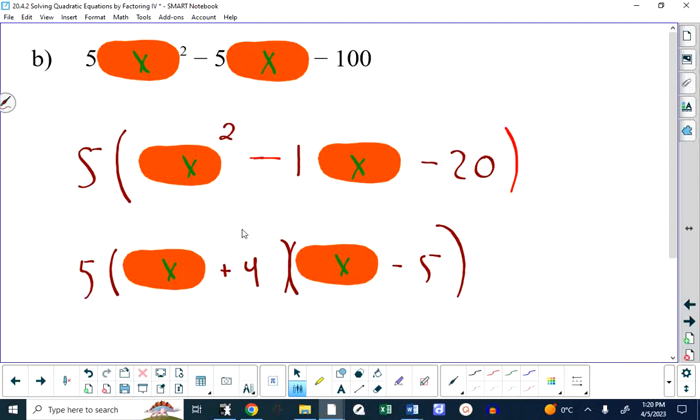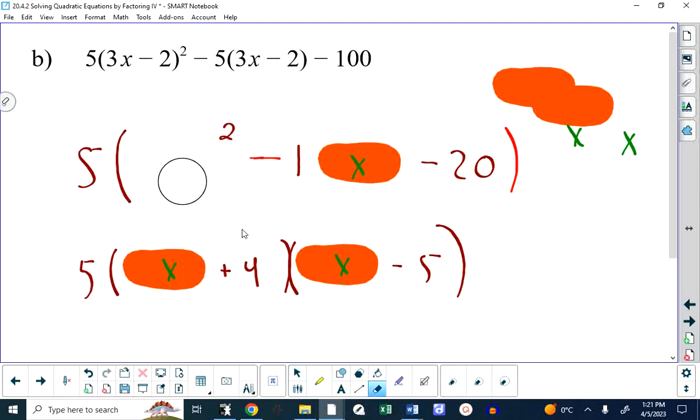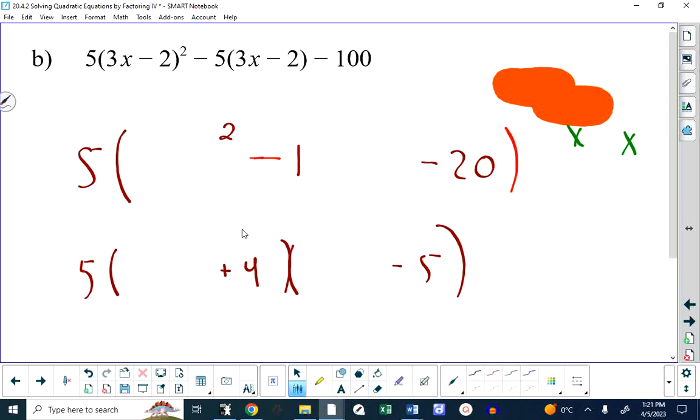It wasn't 5x squared minus 5x minus 100. It wasn't 5 blob squared minus 5 blob minus 100. The thing that was squared and the thing that was raised to the 1 in the middle term was 3x minus 2. So that's what goes in these places.